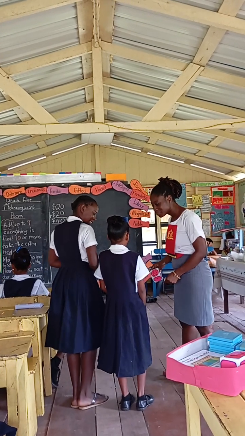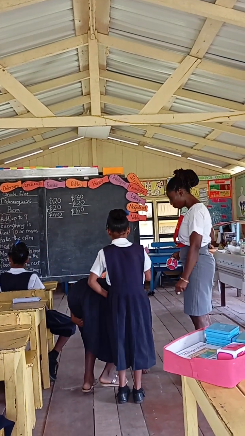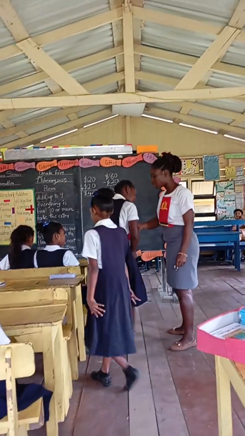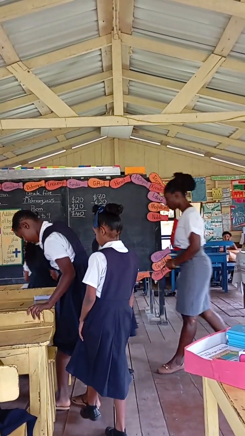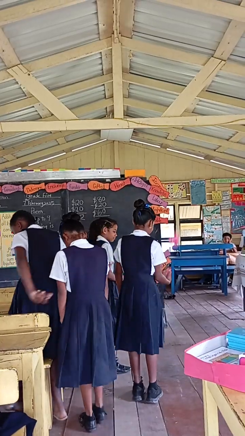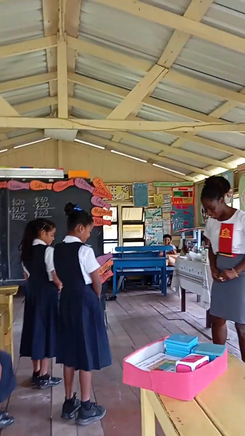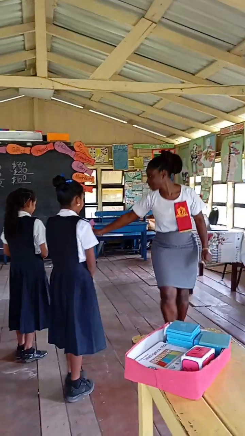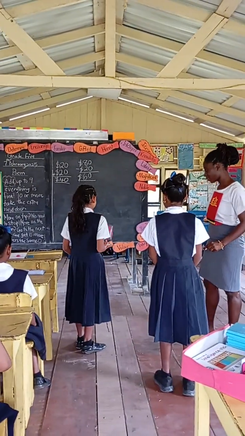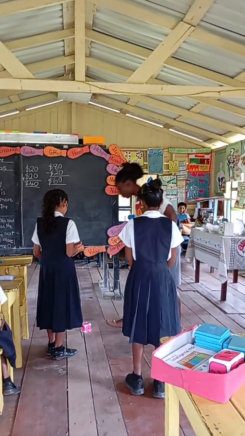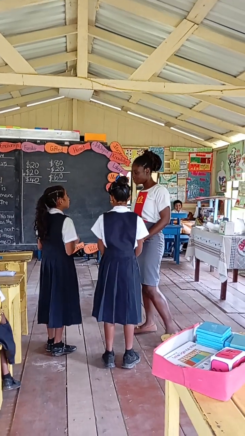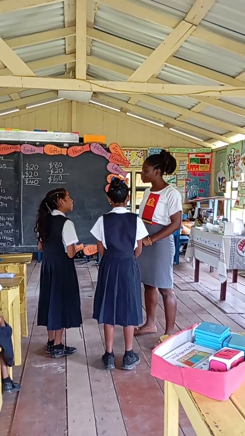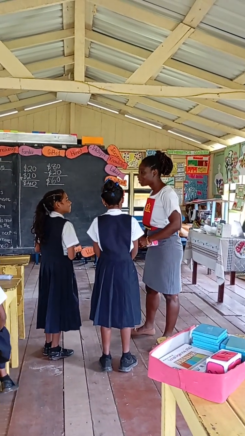How much is it? 1. Thank you. This is a 6. And that's a 3. Alright, you're finding the difference. Oh, you know it's 3 without the counters. Very good, though.